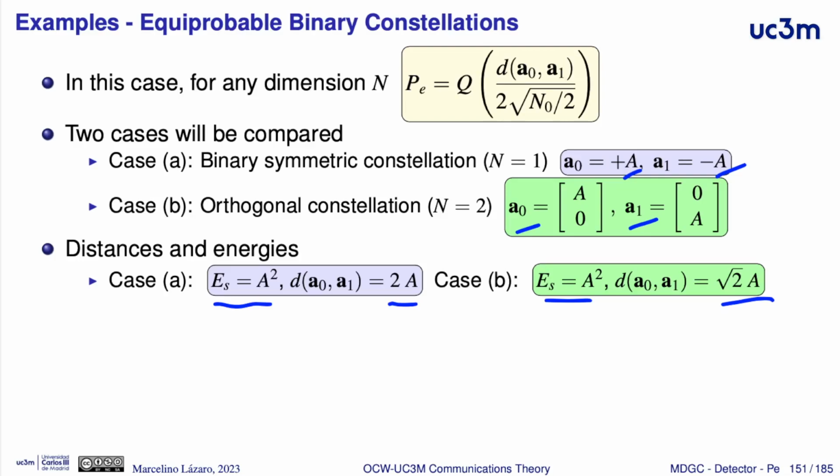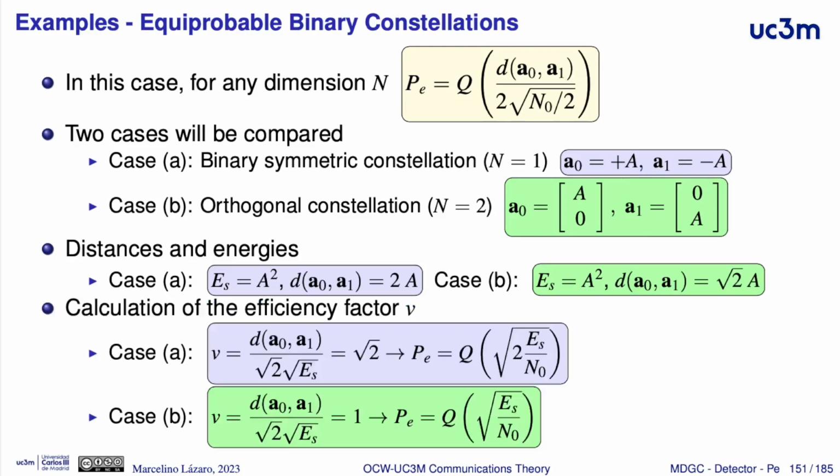With these values, it's straightforward to compute the factor V for these two constellations. In the first case, we have the ratio between the distance and square root of 2 and square root of ES. In this case it is square root of 2, and for the second constellation it is 1.